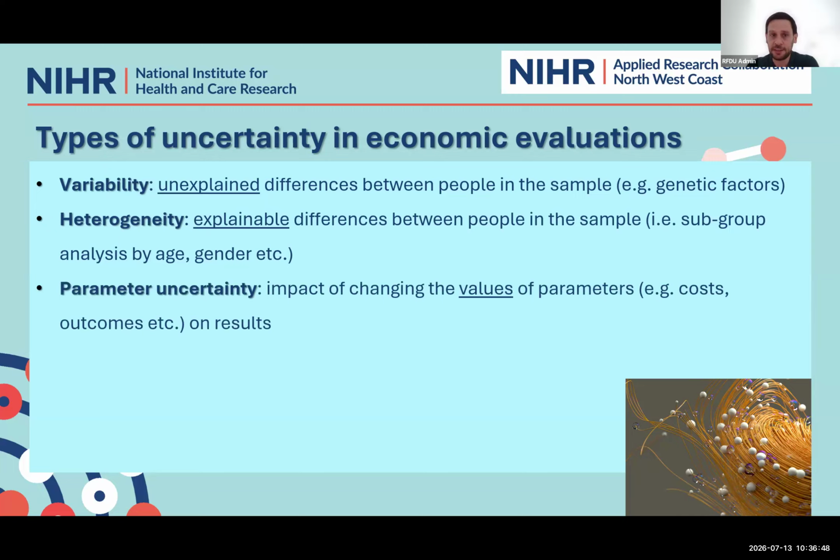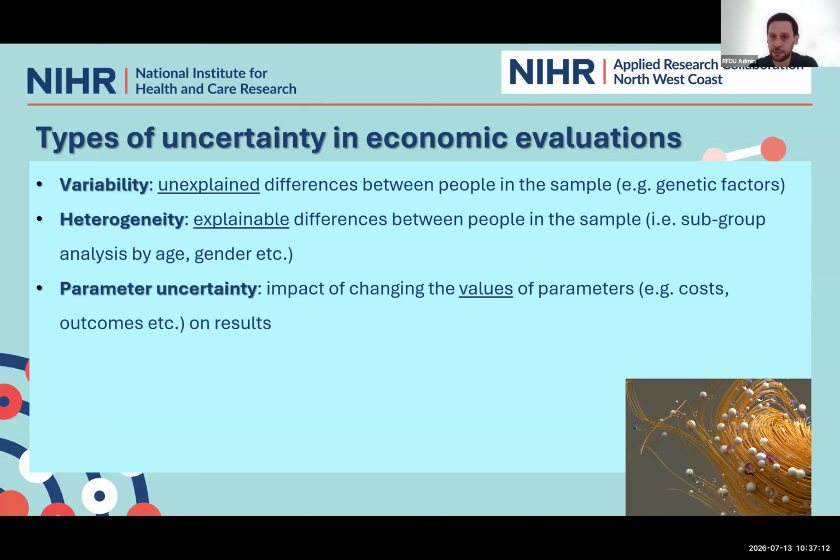Parameter uncertainty instead is related to the impact of changing the value of certain parameters like cost or outcomes on the results. So if we change the cost of the intervention by X amount of money, how will that impact the results? That could have implications, of course, and that could also be a realistic scenario because costs are likely to change in future, and they might decrease, they might increase.